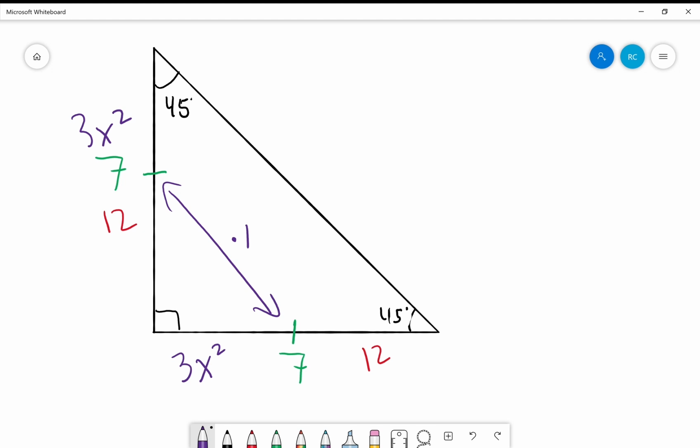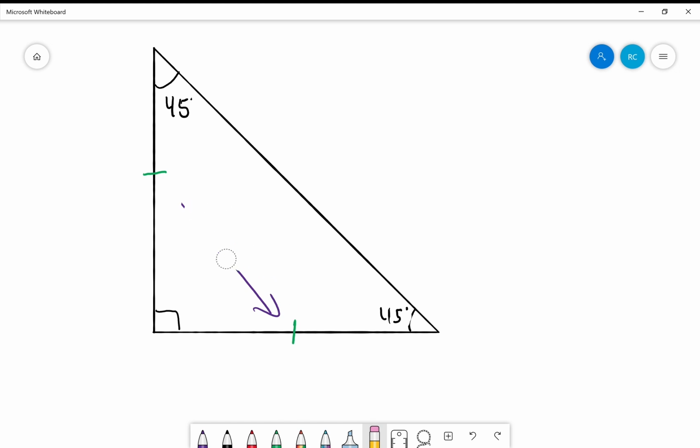The scale factor between the two legs of this triangle, no matter what the legs actually are, is 1. So that's already pretty useful, right? If I've got a 45, 45, 90 triangle, once you know what one leg is, you automatically know what the other leg is, nice and quick.